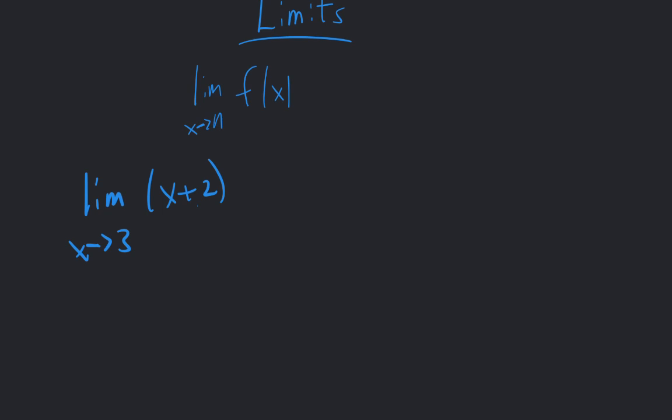This is a very simplified example, and here we can just plug in 3 to this, which gives us 5. So as this function approaches 3, it will go to 5.